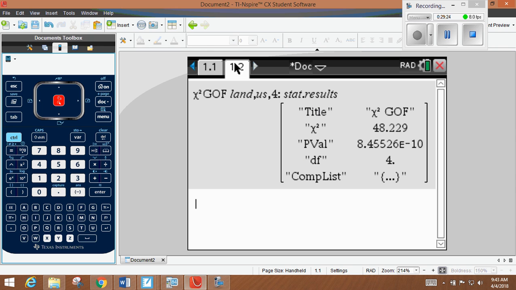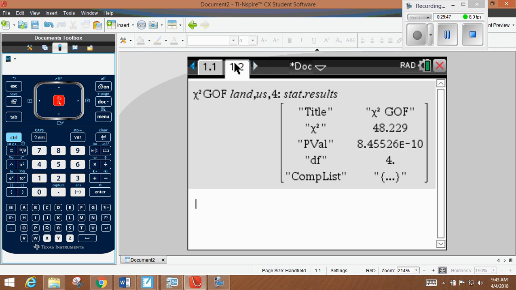We hit OK, and we get a ridiculously small p-value. So small. But what I really wanted from that was the chi-square test statistic. That's where we're at right now. I prefer to let the calculator get this statistic.